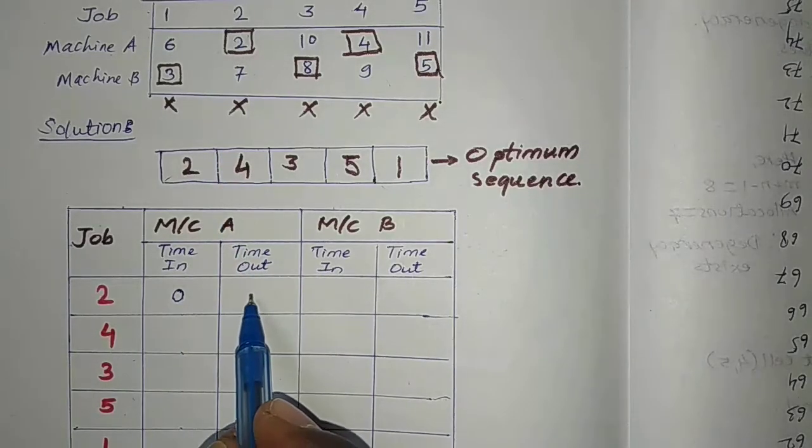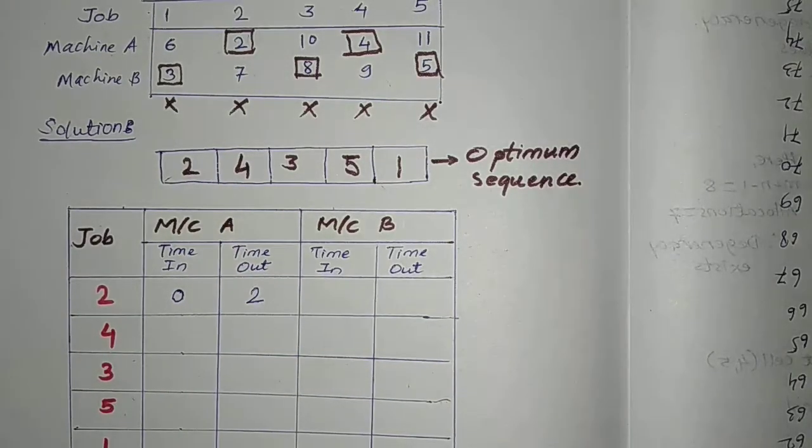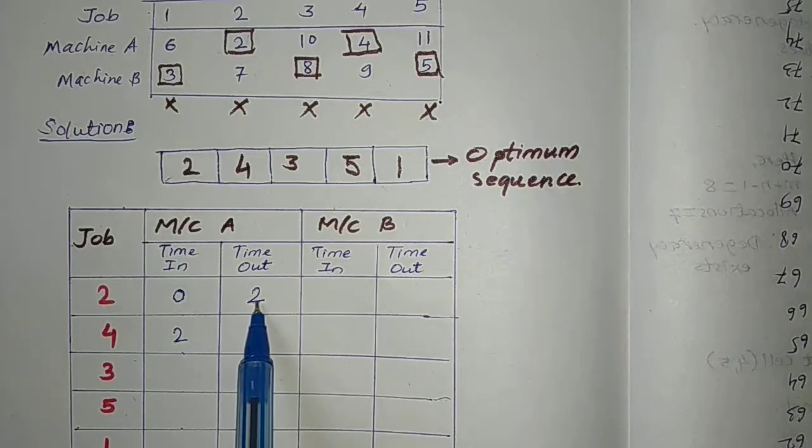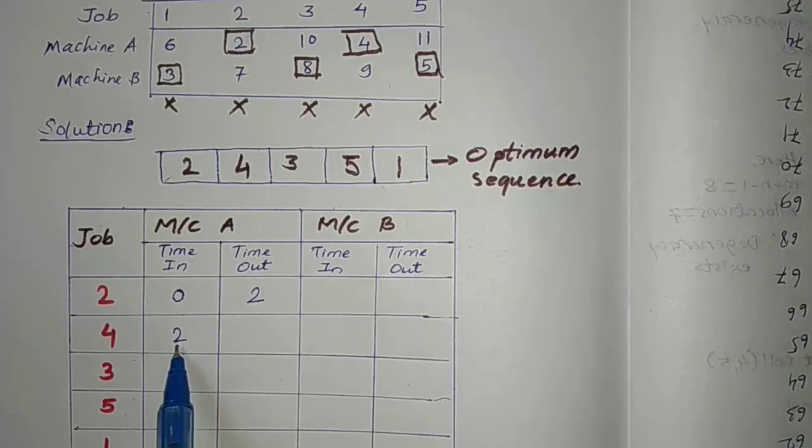So its out time will be 2 hours. Now once job number 2 is processed, job number 4 will arrive on machine A after 2 hours. That is, the finishing time of the first job is the start time for the next job.